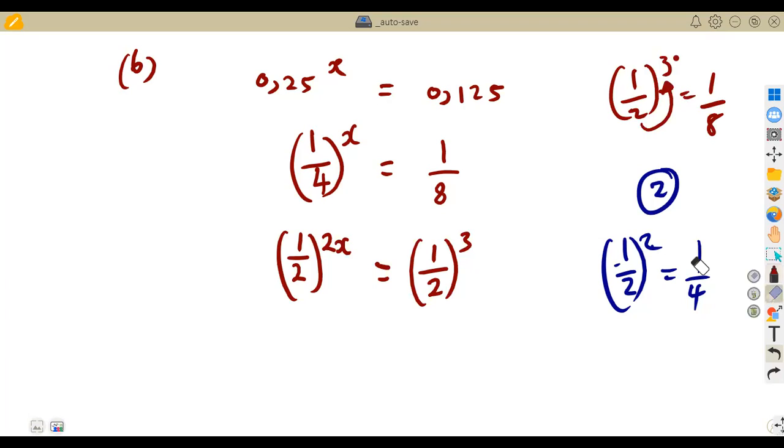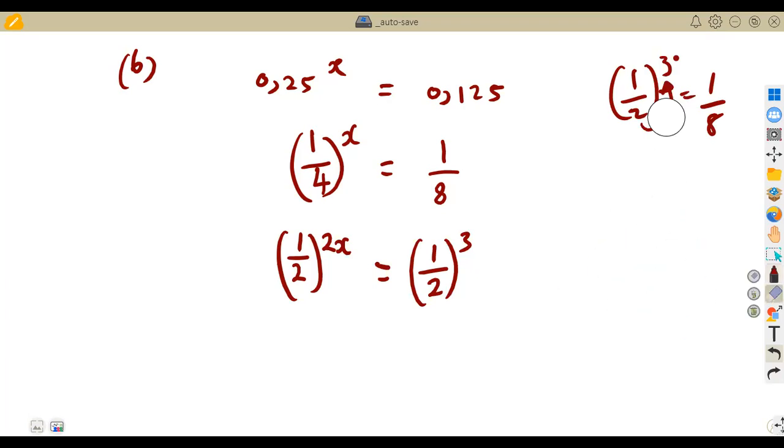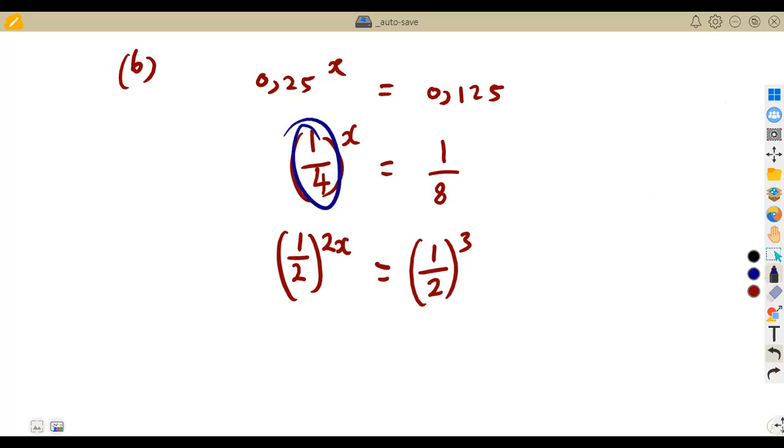So it's true, I couldn't write this 1 over 8 as a number with the base which was given, 1 over 4. But I had to choose another one in simplest form, which is 1 over 2. As you can see, they can be written in the same base, which in this case is a fraction, 1 over 2.